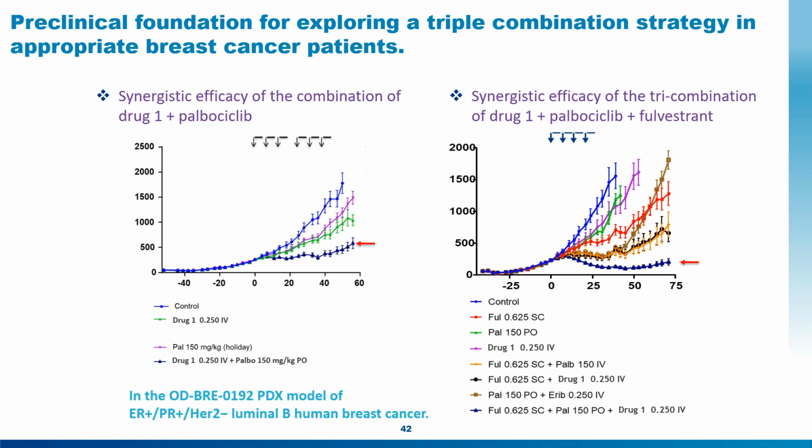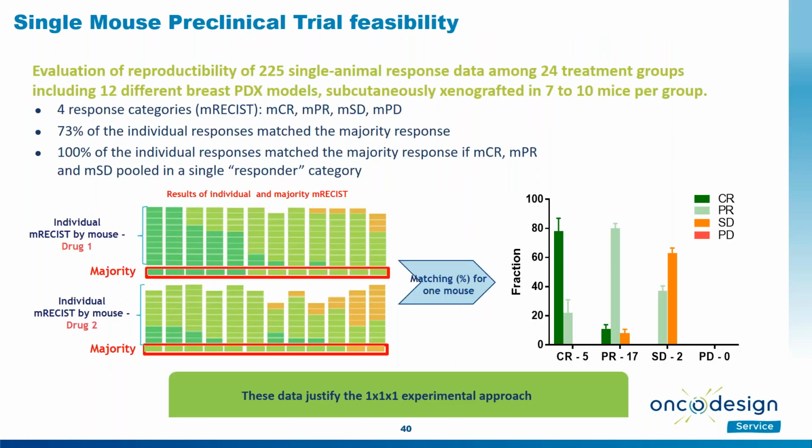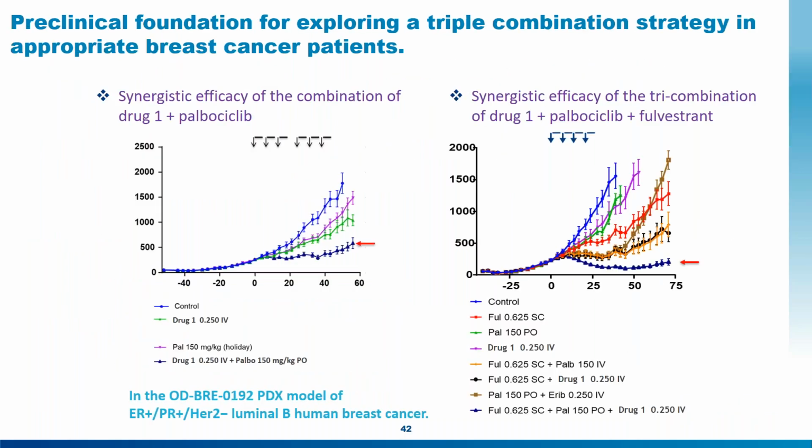If you remember, drug one that I showed you two slides before was very effective in 12 triple negative breast PDX models. The question with this compound was, can I treat other types of breast tumor patients with my compound? Can I treat luminal B breast cancer?